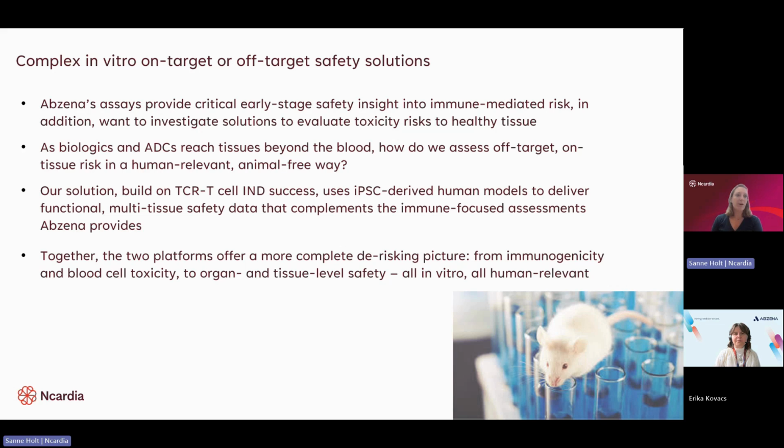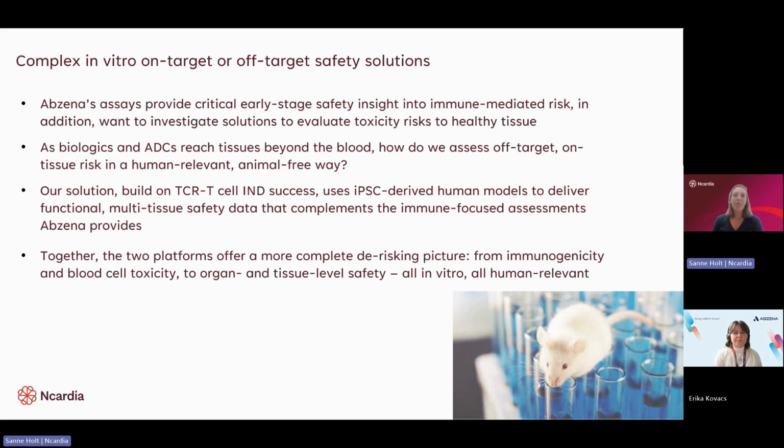When an ADC or a biologic enters the bloodstream, it also enters your organs. So it will go through your heart, your liver, your lung, where a very different question arises: does the ADC or the biologic also trigger a response against your healthy tissues?